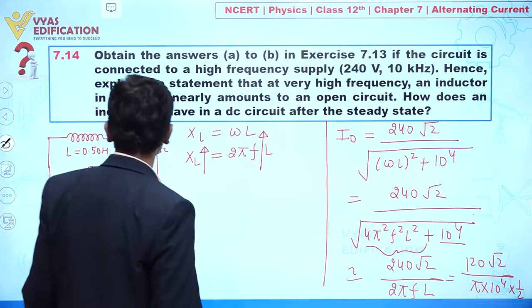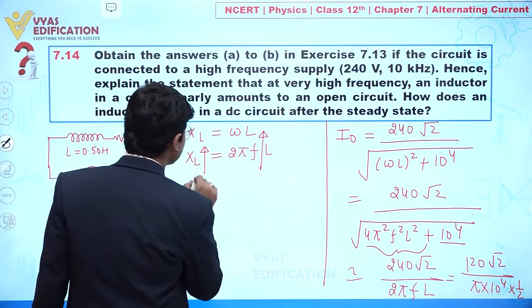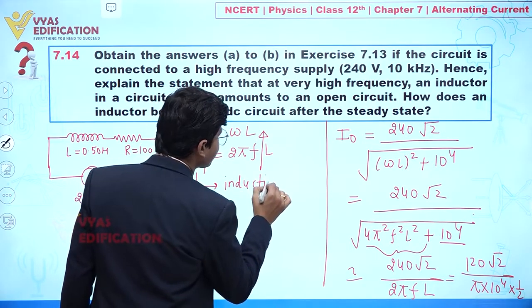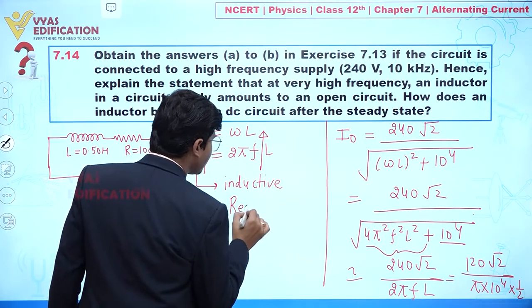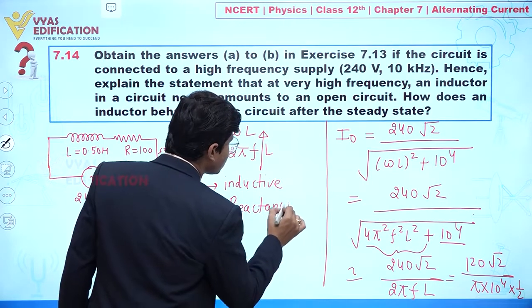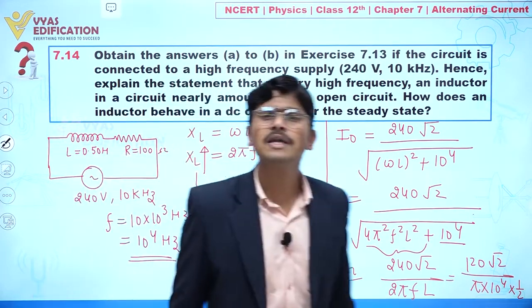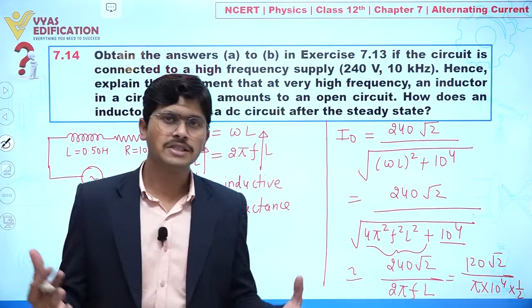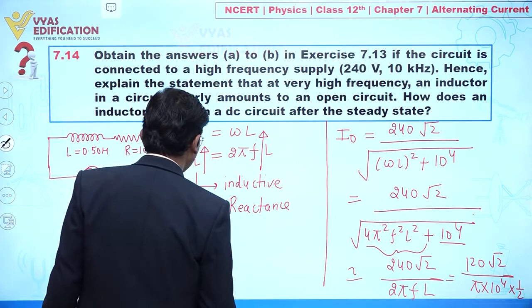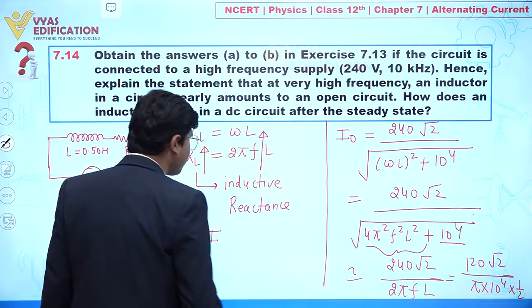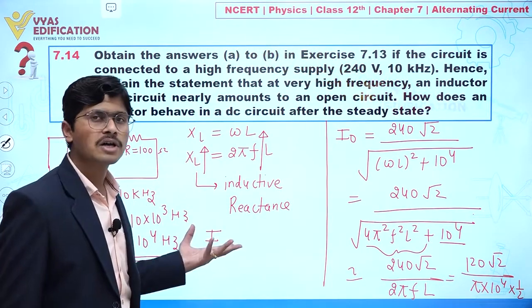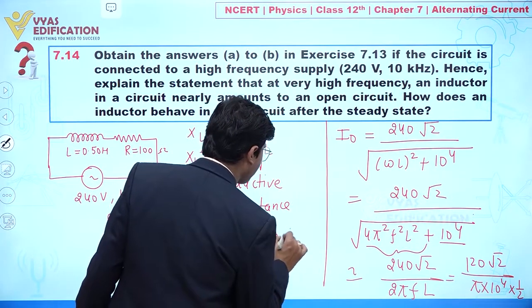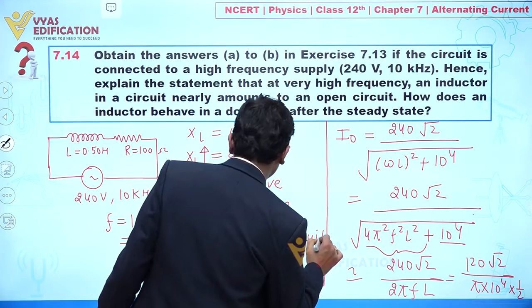This is inductive reactance, so the value of inductive reactance is very high. It means it will offer more resistance. When it offers more resistance, a very small current will flow, or we can treat this circuit as an open circuit. Clear to everyone? Open circuit.